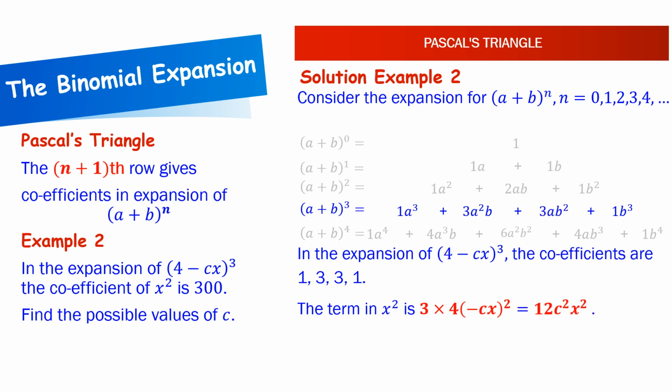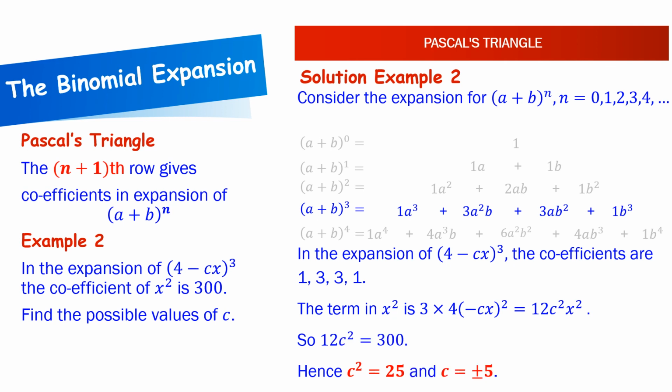And so this tidies to 12c^2x^2. And therefore 12c^2 equals 300 as per our question. Rearranging and tidying up a little bit gives us c^2 equals 25. And of course this implies that c equals plus or minus 5.